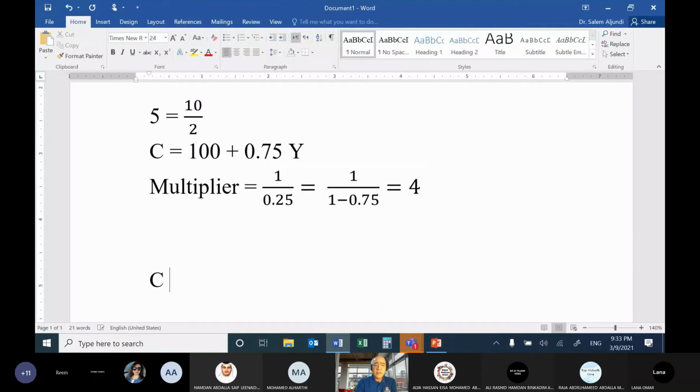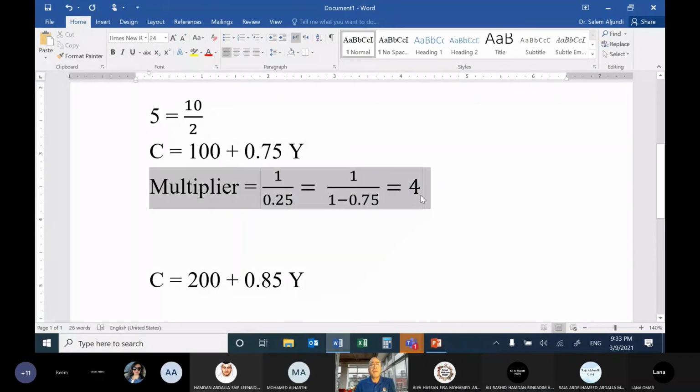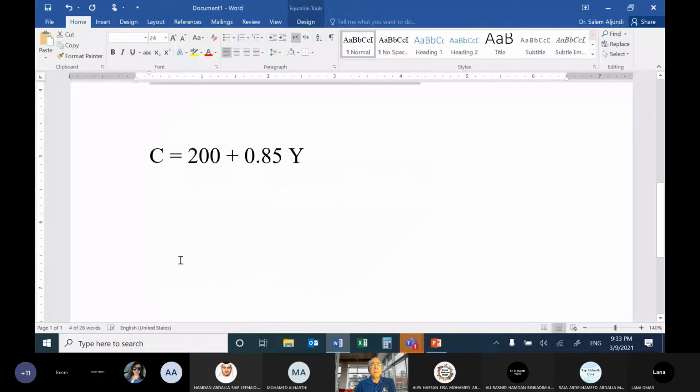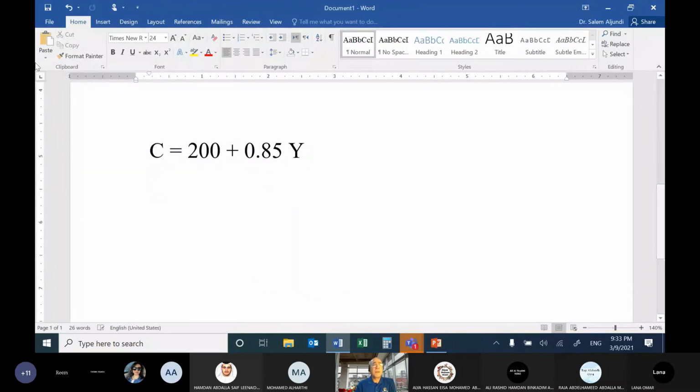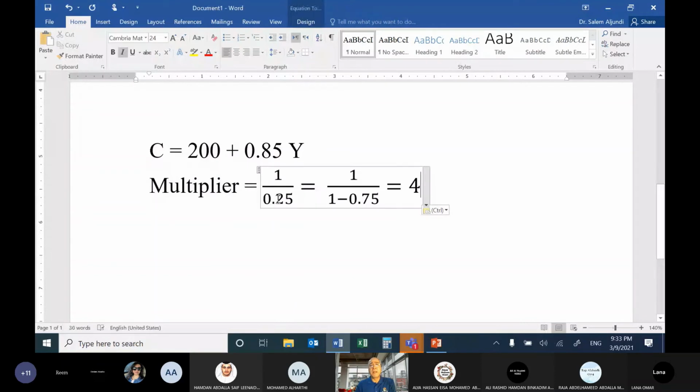So let me ask you another question. C equals 200 plus 0.85 Y. Calculate the multiplier. So this will be changed.